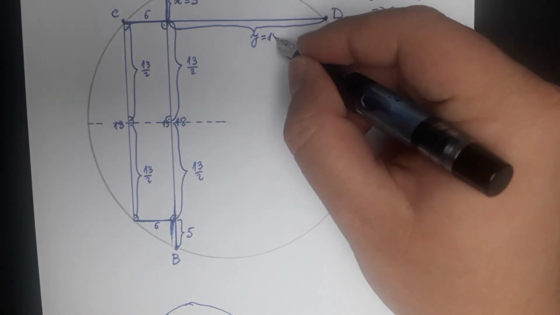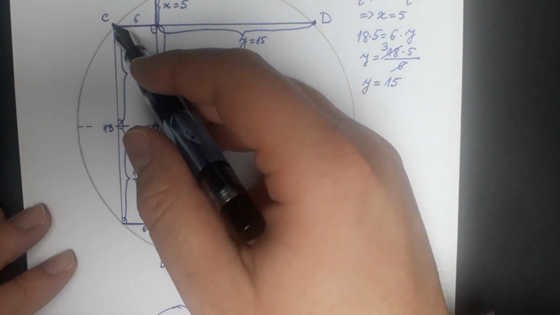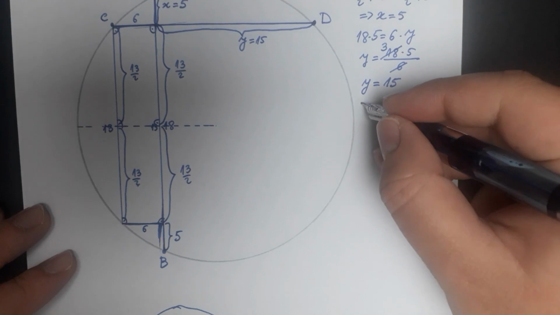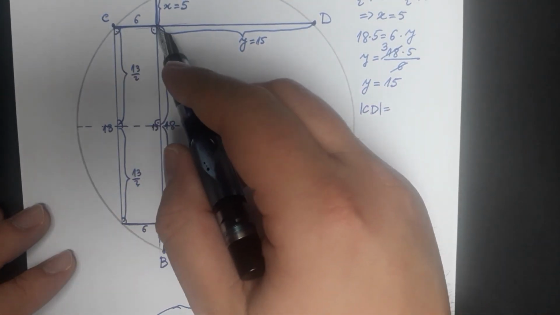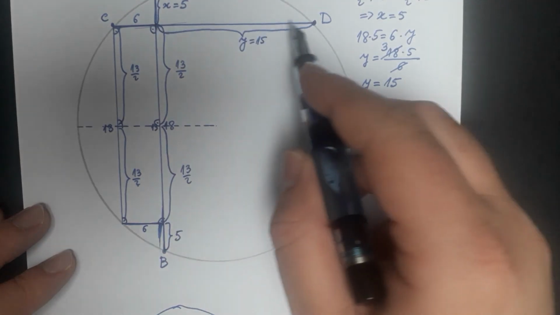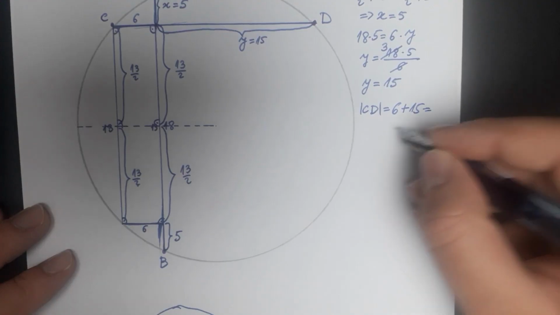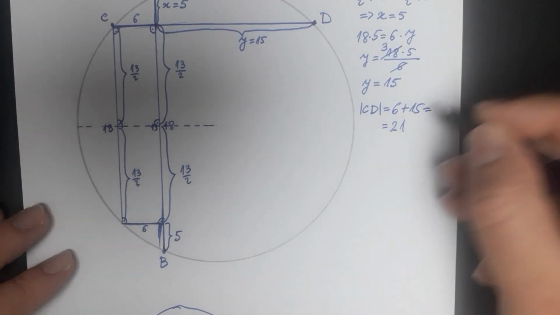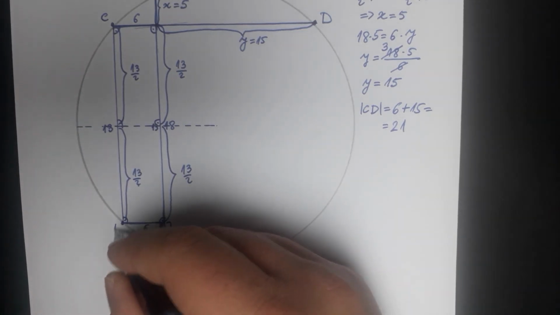So this is 15. What we can now do is calculate the length of this entire chord CD. It has the length of 6, which is this part, plus 15, which is this part right here, and totally that is 21. On our picture here is one more important dot, and that is this dot here.